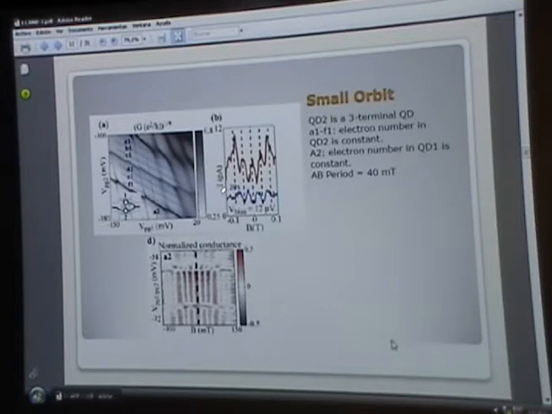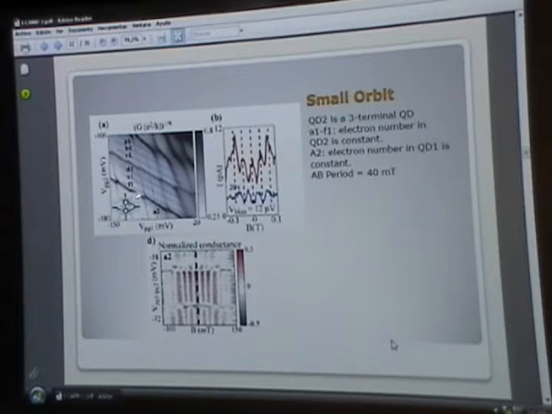Now the current as a function of the magnetic field, or the voltage as a function of the magnetic field, shows that one has these peaks that, after Fourier transforming, show a period, maybe an Aharonov-Bohm period, of 40 millitesla.